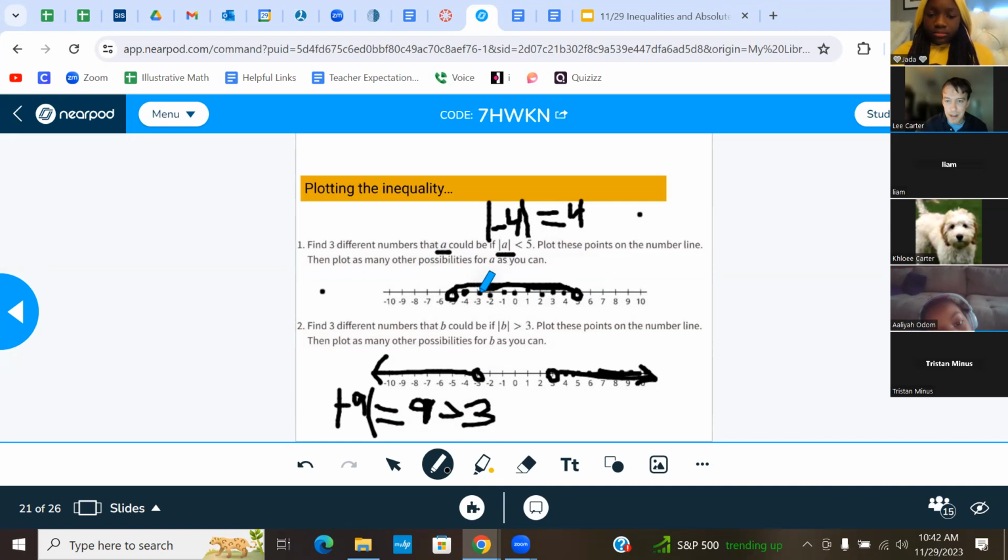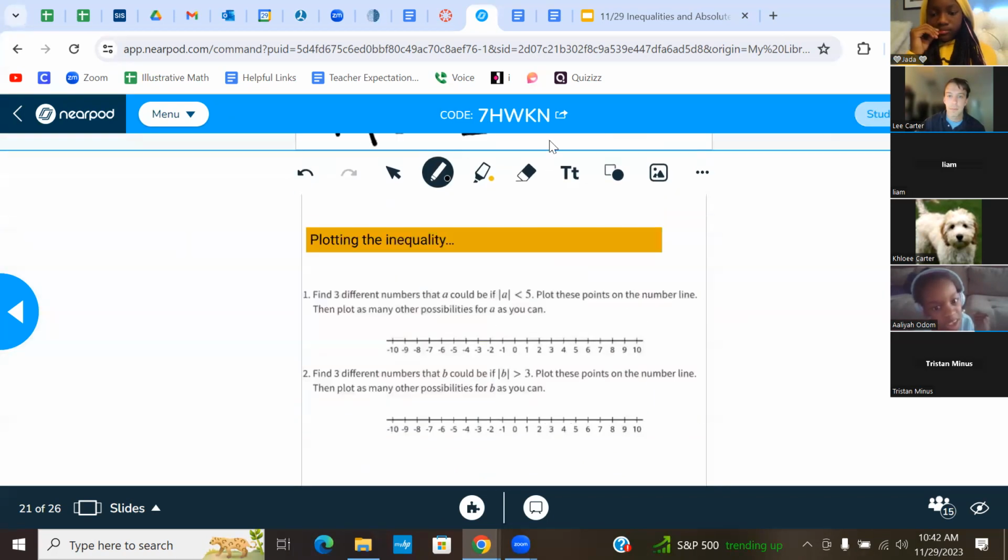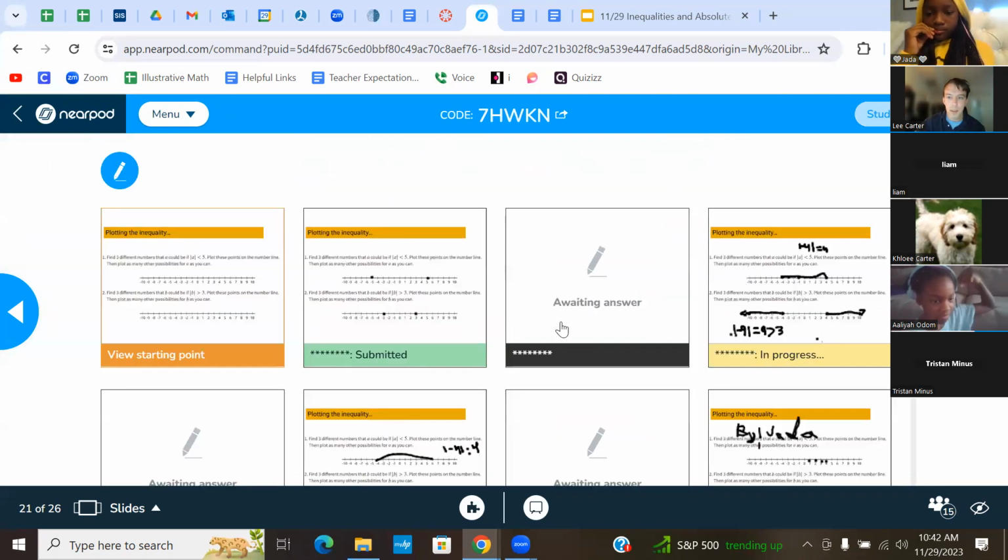If it is less than 5 away from 0, that means everything between the 5s. If the absolute value of B is greater than 3, that means everything past 3, but also everything past 3 on the negative side, the other way, because it's talking about how far it is from 0. Okay? Some questions on that?